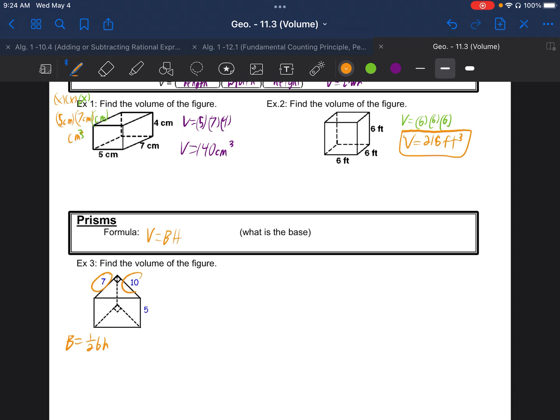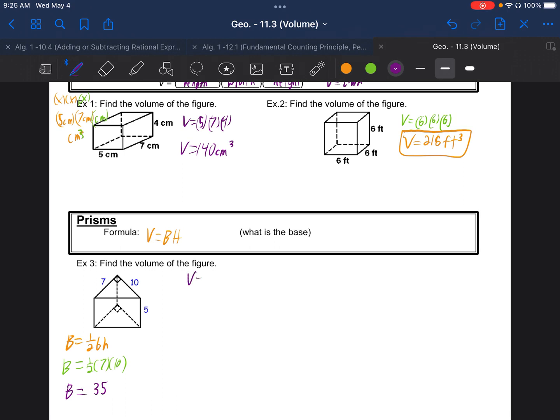And thankfully we know 7 and 10 to be the base and the height either way, it doesn't matter which one's which, since they're both perpendicular to each other. So that means the area of the base ends up being 1/2 times 7 times 10 in either order. So the area of the base of this prism ends up being 35 square whatever units, because it's area.